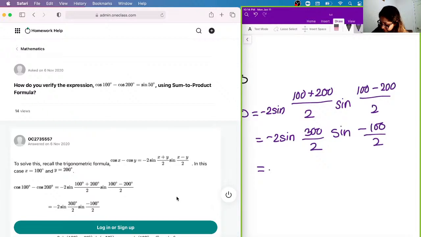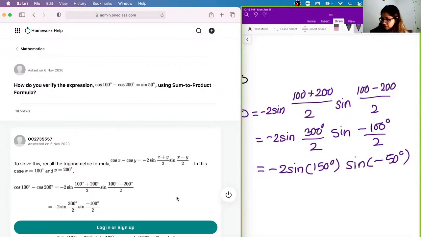So you basically have negative 2 sine of 150 degrees, since 300 divided by 2 is 150, times sine of negative 50 degrees.